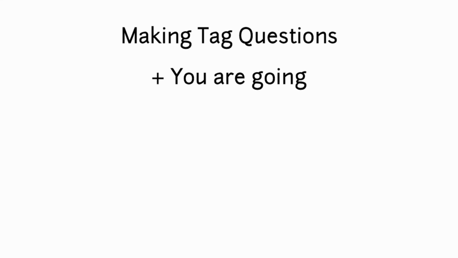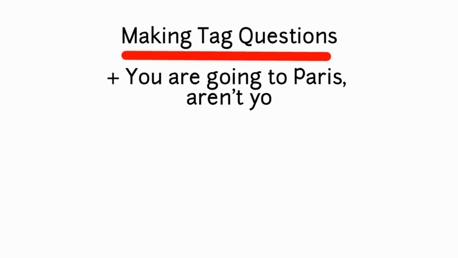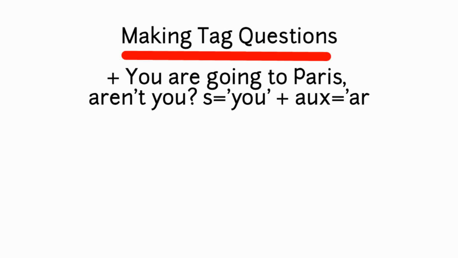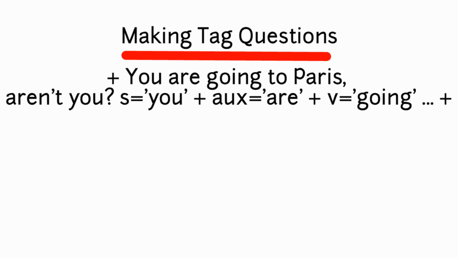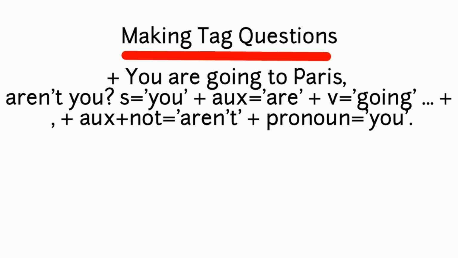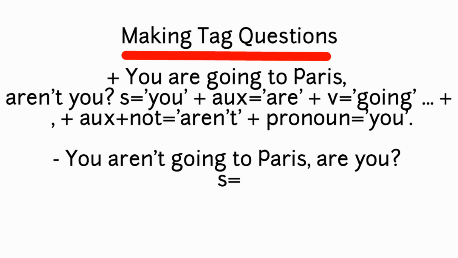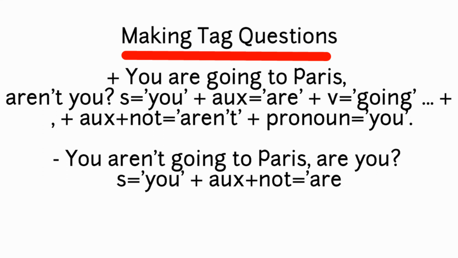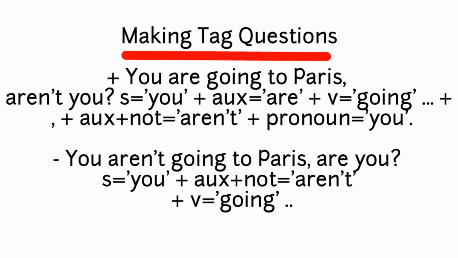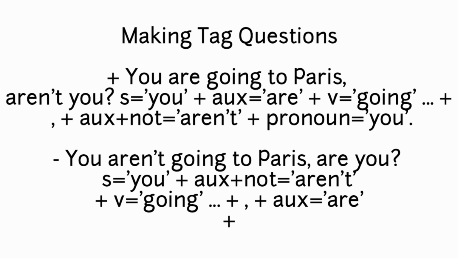Now, let's learn how to make tag questions. Let's learn the structure. For example, you are going to Paris, aren't you? Here in this statement, you is the subject plus the auxiliary are plus verb going and the object, plus comma, plus auxiliary plus not.